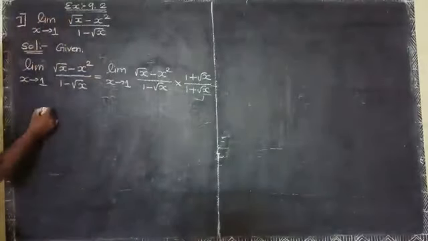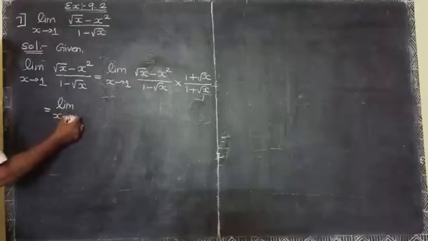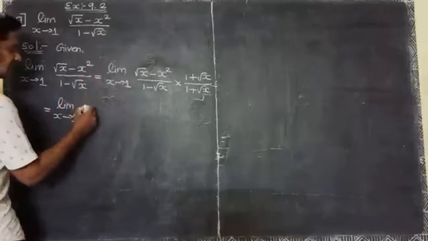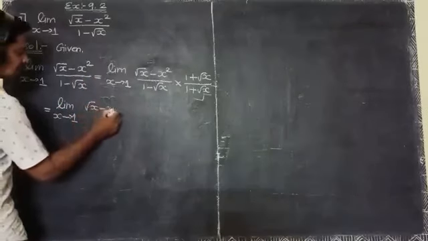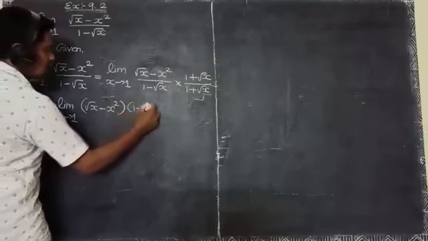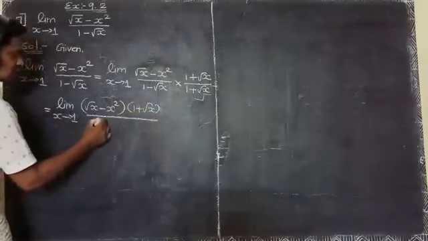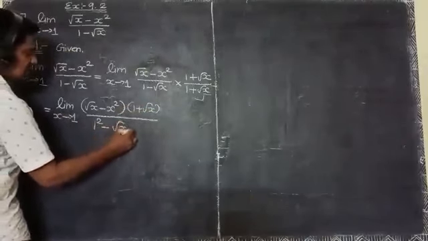Here the limit x approaches 1, the numerator is root x minus x square into 1 plus root x, divided by the denominator 1 square minus root x the whole square.